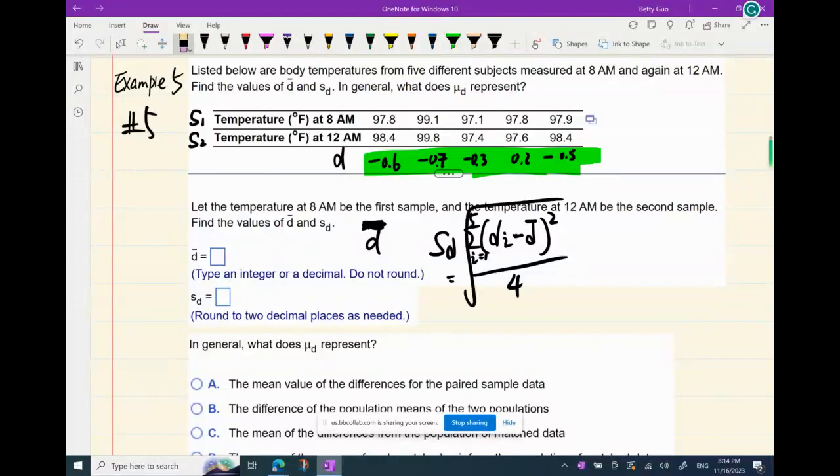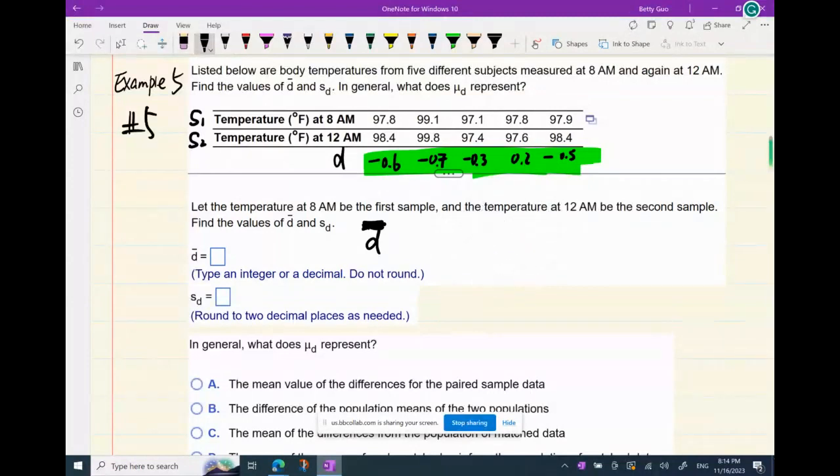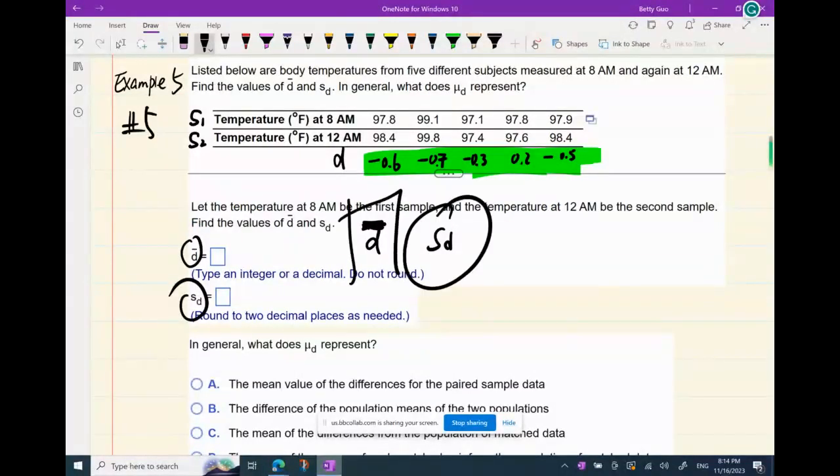And I know you don't really want to use the formula, so we are going to use technology. I'm going to show you how to use technology to find those two statistics. If the question is only about D bar, I would not use the function. But since it involves S sub D, I would use the technology.